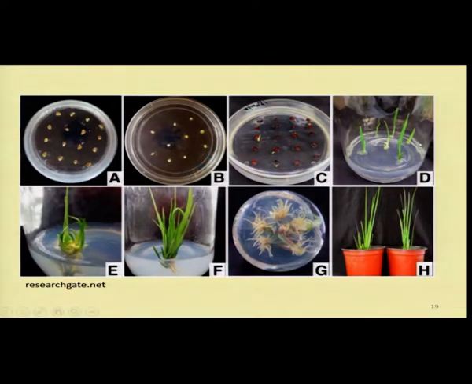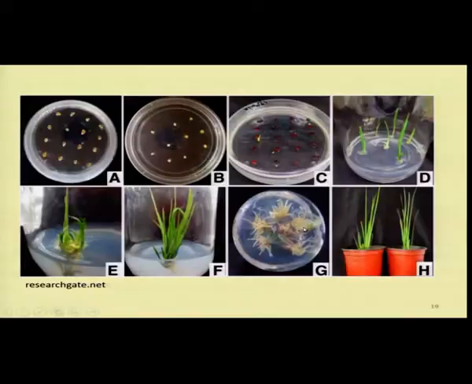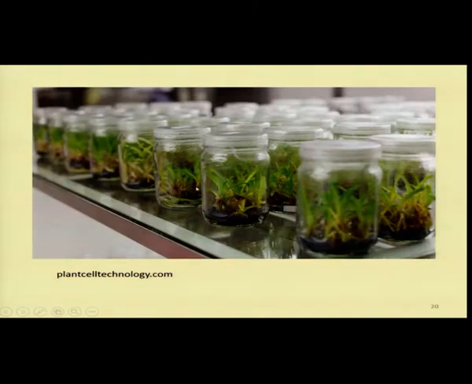Then those can now form individual shoots. You can now separate out each of these shoots, put them in the rooting media so that they can start forming the roots. So these are the roots which are formed. And then you finally transfer them to the plant. So this is again a picture showing plants growing in vitro in the lab, in a tissue culture lab.